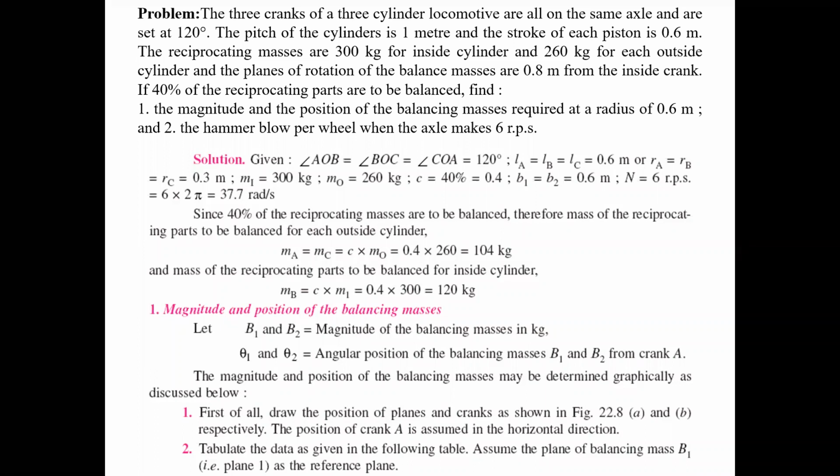The three cranks of a three-cylinder locomotive are all on the same axle and are set at 120 degrees. The pitch of the cylinders is 1 meter and the stroke of each piston is 0.6 meter. The reciprocating masses are 300 kg for the inside cylinder and 260 kg for the outside cylinders.